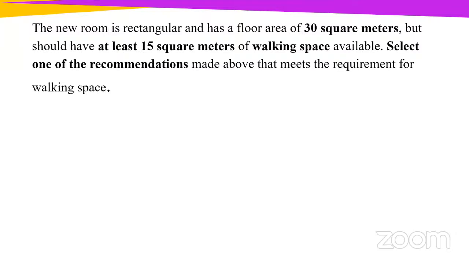And based on the condition that we are given, we should have at least 15 square meters of walking space. So we have to think of that. When we make our selection, we have to bear in mind that the recommendations should give us at least 15 square meters of walking space.